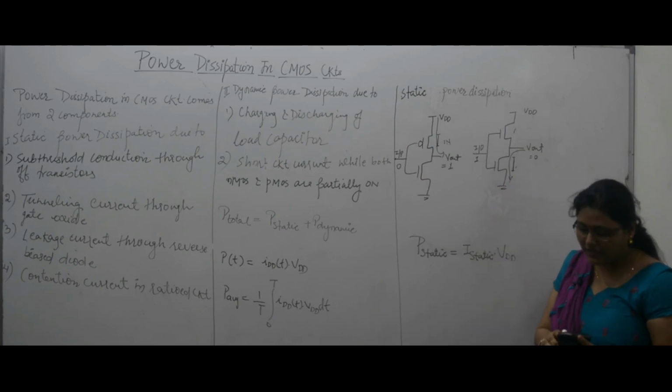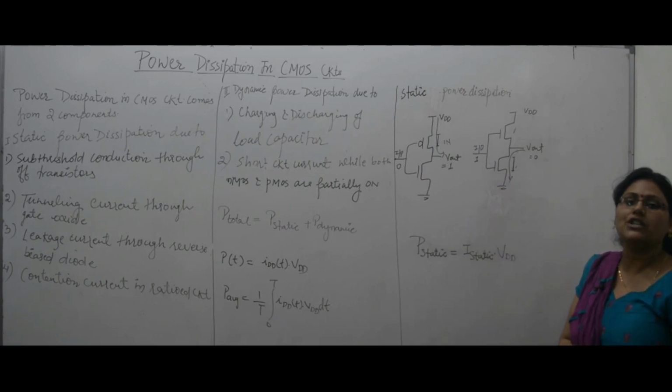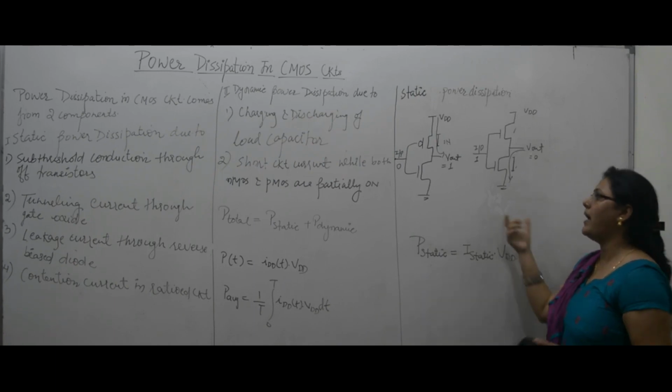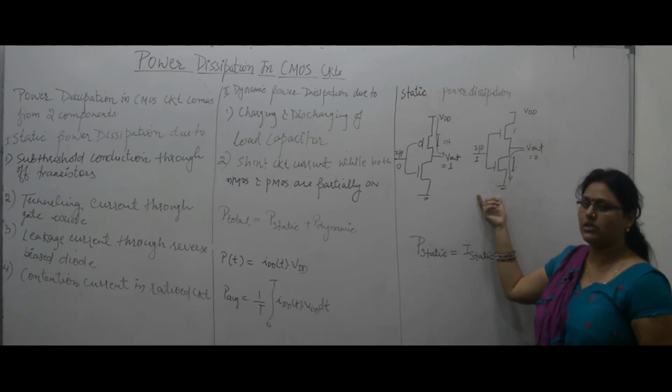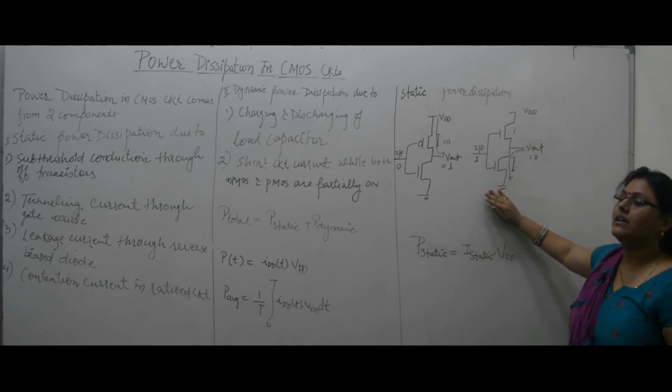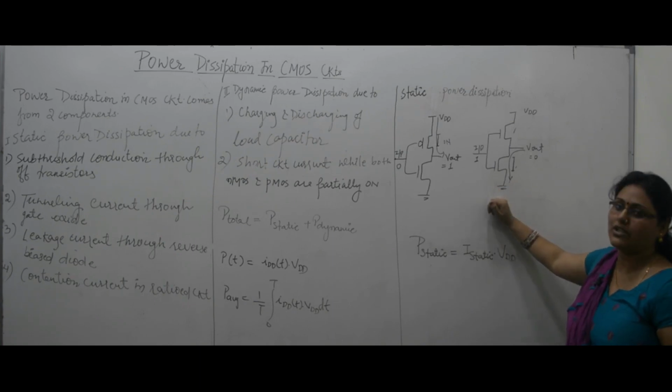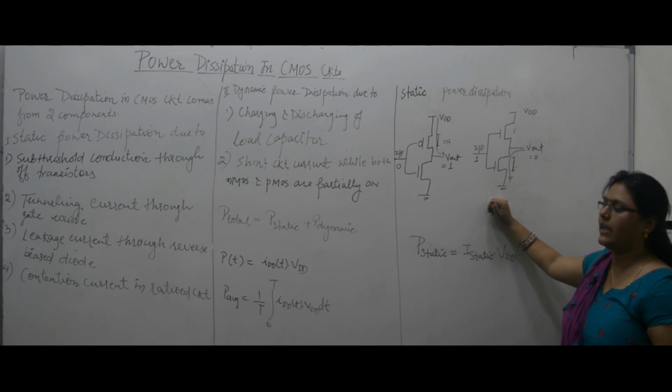Ideally, when the transistor is in the off condition, no current flows and the power is equal to 0. But secondary effects come into existence, like subthreshold conduction through the off transistor or tunneling current through the gate oxides.